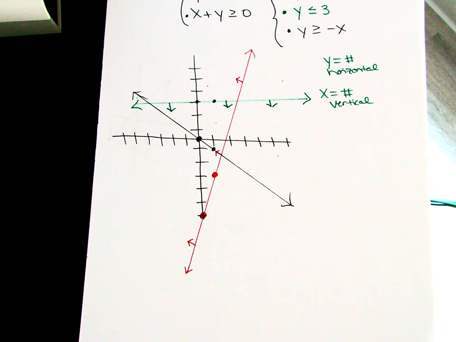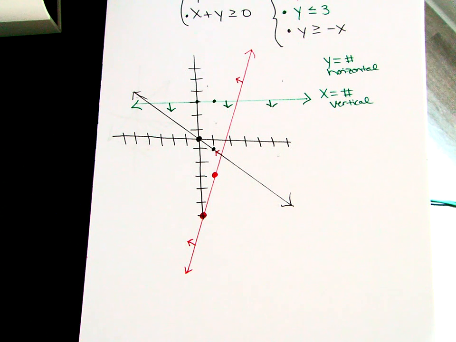Which is why I wanted to show you this alternative method for finding your shading section on this one, because I don't know about you, I don't want to test 7 different points in 3 different inequalities. Like that could be up to 21 different calculations. Don't want to do it.